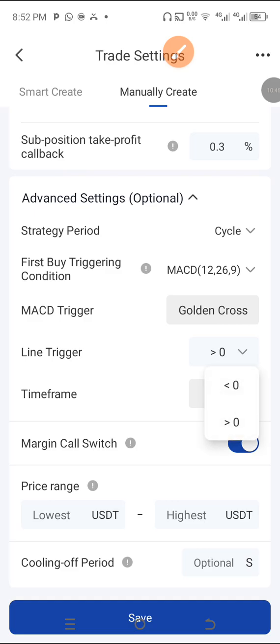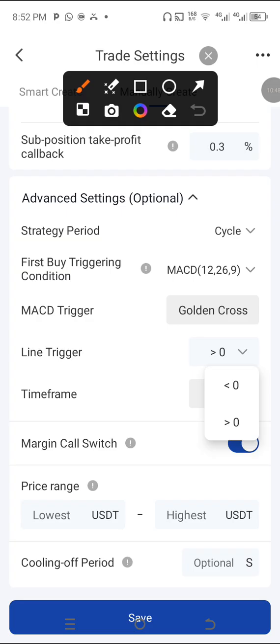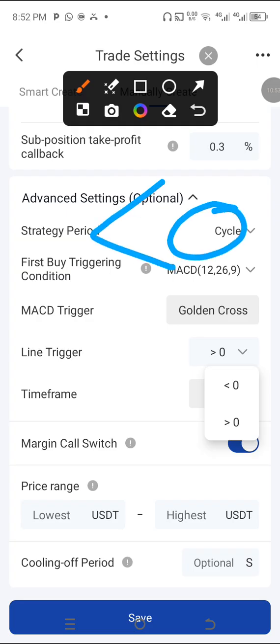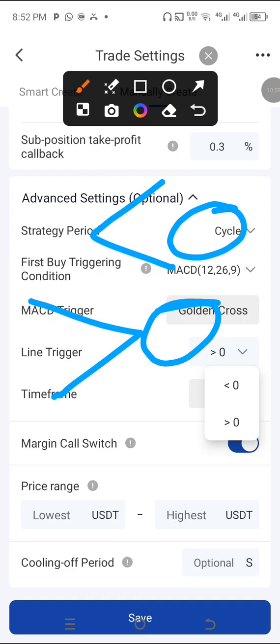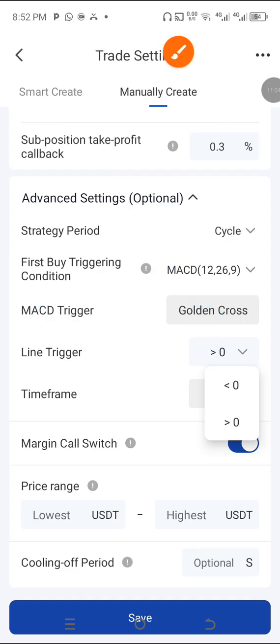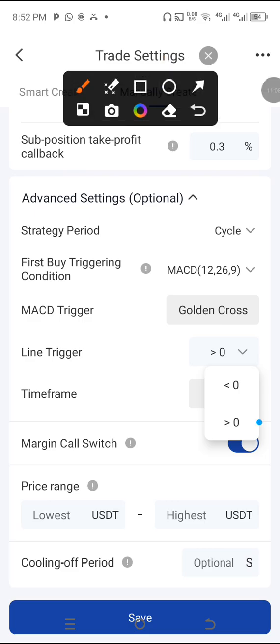This one with a zero on the left means below zero line. Now this one means above zero line. When you are in spot, you will need it below zero line, because if it's below zero line, it gives you a good opportunity in spot.